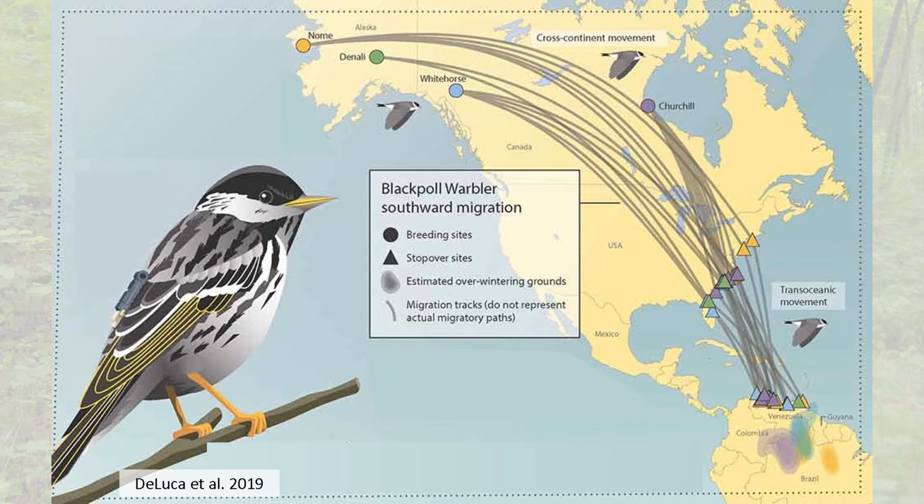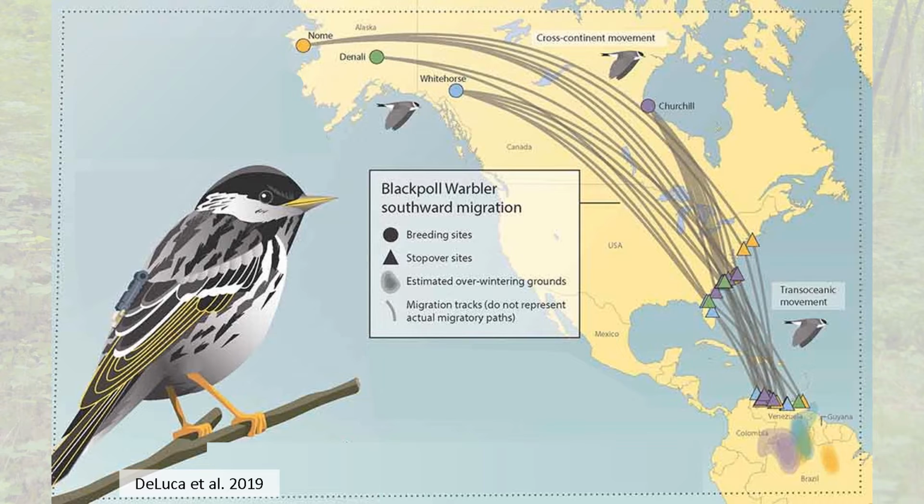And these triangles, here and here, are the individual birds, which are, of course, color-coded, stopover locations. So, for instance, this purple bird moved south, and then it kind of traveled along the Atlantic coast here, flew across, hit Venezuela, moved along the coast of northern South America a little bit before it finally went into northern Brazil, where its wintering territory was. So these stopover sites, these triangles, are where birds are refueling and resting.